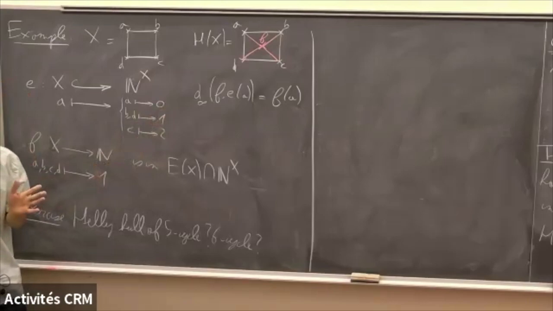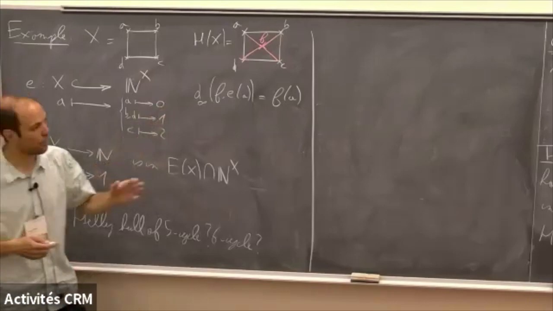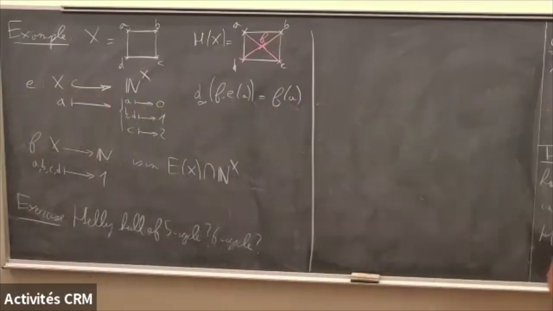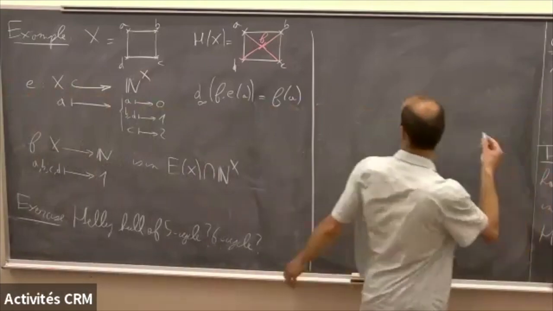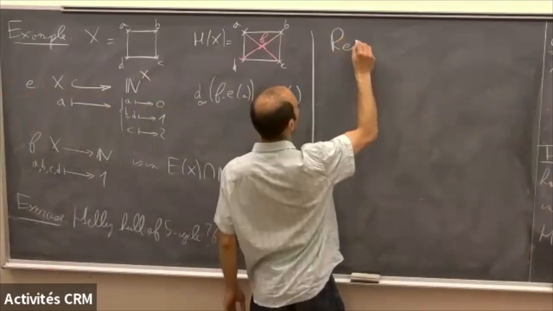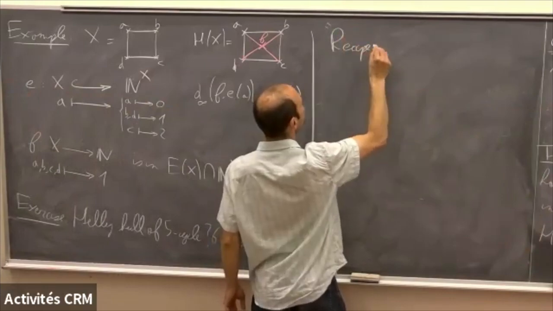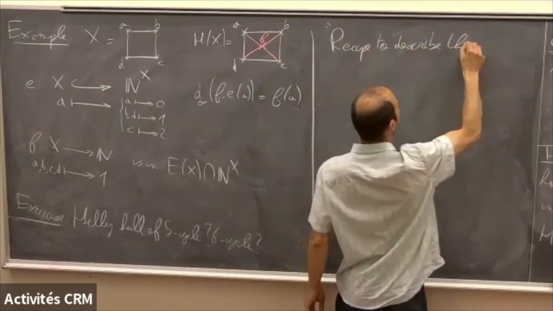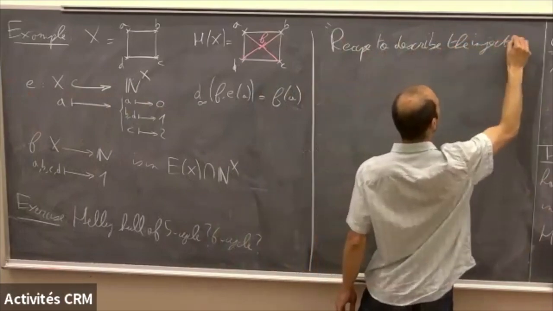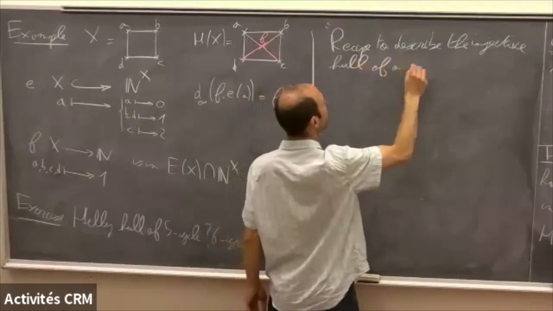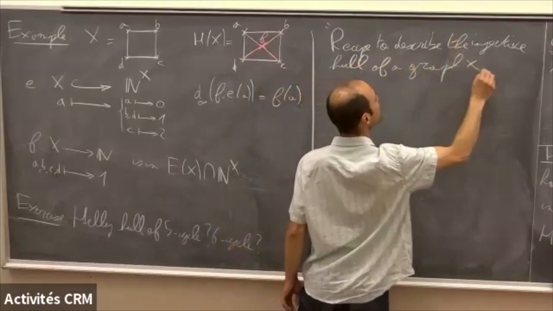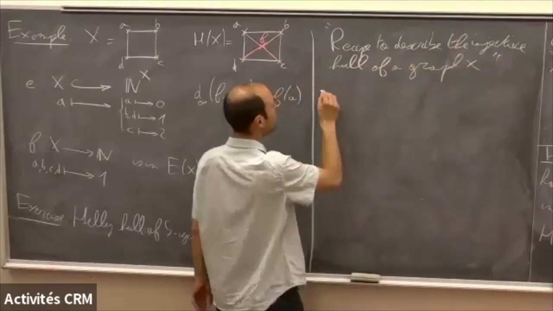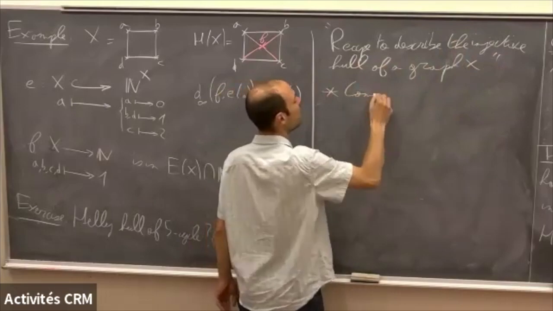Any other question? Okay, so this remark gives you somewhat a recipe for describing the injective hull of a graph. So what should you do? You should compute the Helly graph.